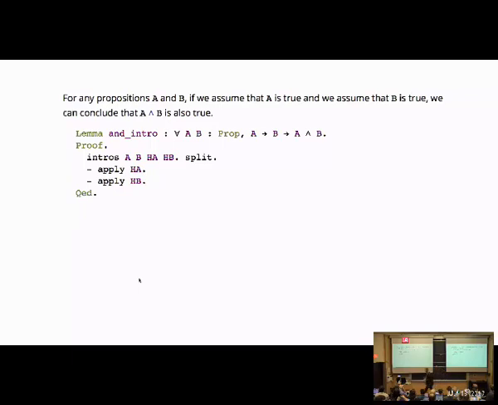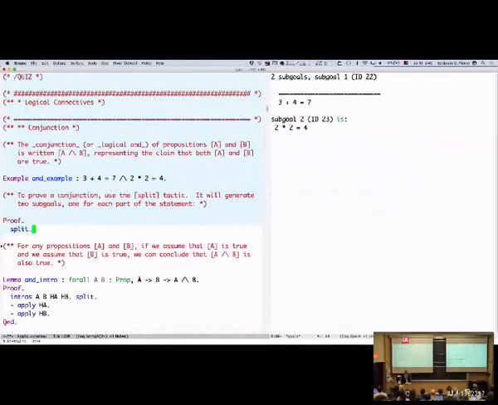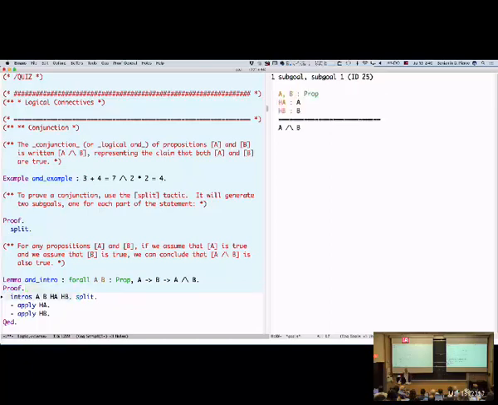No, actually, let me do it. Okay, so we have to prove this long thing. Of course, intros makes it shorter. Now we have to prove A and B, and in the hypotheses we have an A and we have a B.